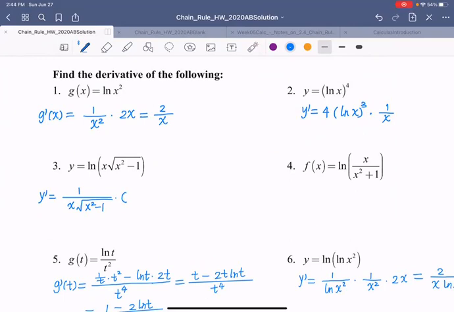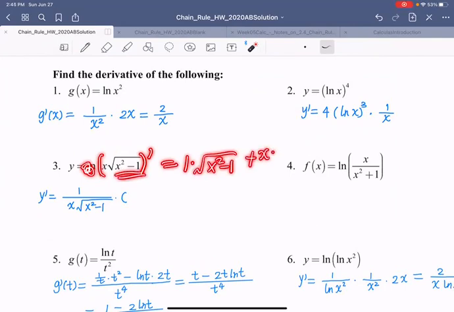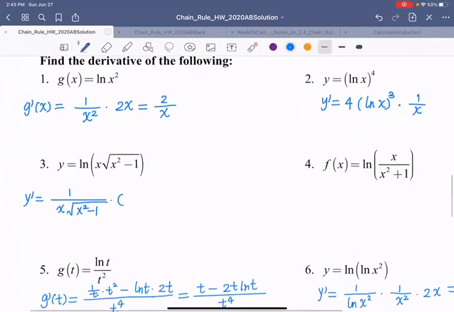You want to use the product rule now. You put this guy on the denominator, and then you are going to do this guy's derivative. This guy's derivative will be x's derivative, which is 1, times this guy copied down, plus this guy copied down times that guy's derivative.